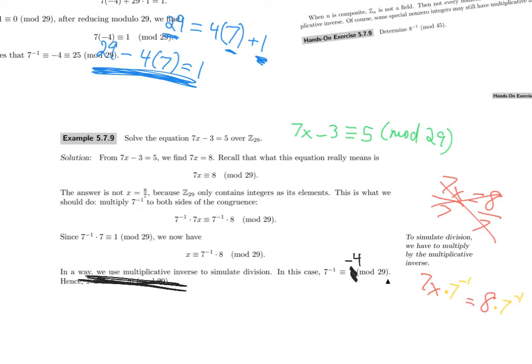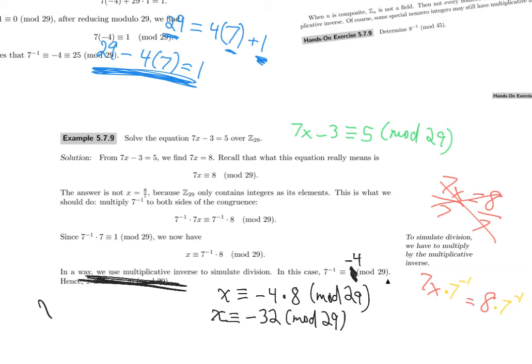So what we get is x is congruent to 7 inverse, which is -4, times 8 mod 29. That's -32. And again, I want to kick it up. Which multiple of 29 can we add? Well, we can add 29.